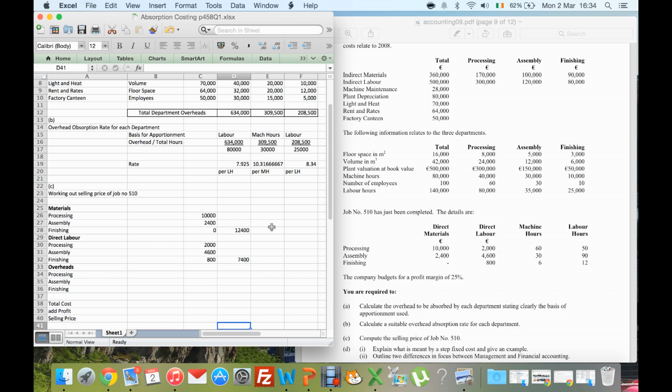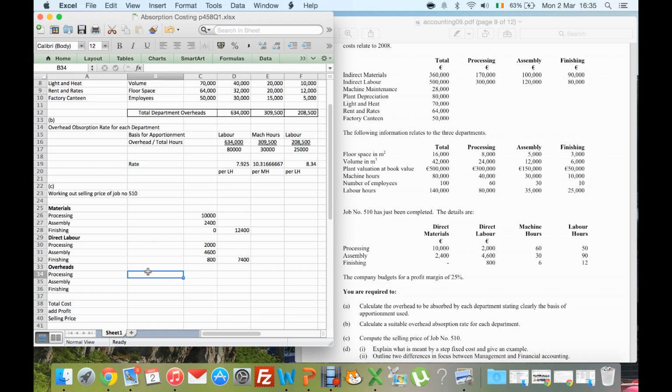We have our overhead absorption rates above. So when I'm charging anyone for a job that comes in, I need to know how many labour hours I'm going to have in the processing department, and whatever number of hours multiplied by the rate will give the share of the overheads that has to go to this particular job for that particular department.